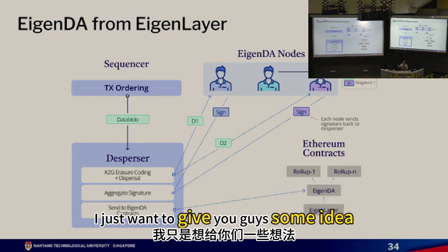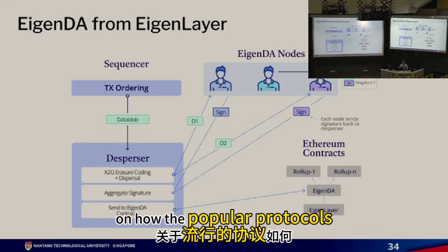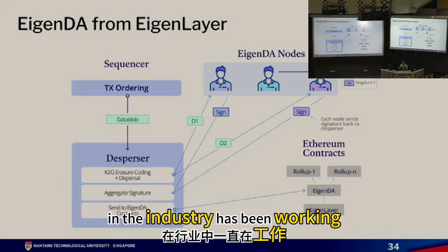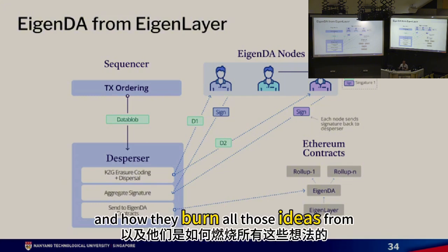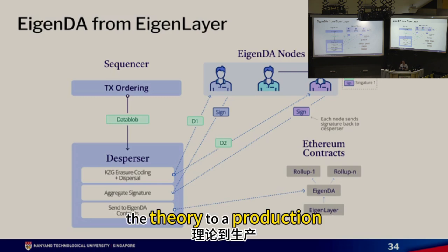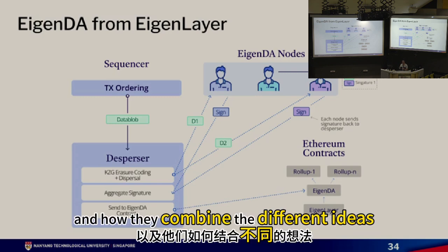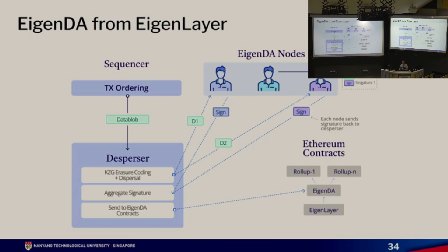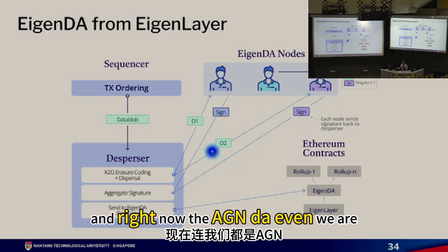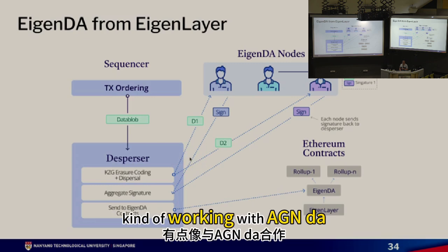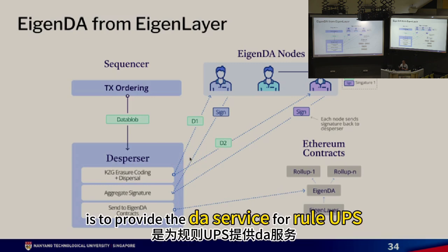I just want to give you some idea on how the popular protocols in the industry work, how they bring ideas from theory to production, and how they combine different ideas into a new protocol. And right now, even we are kind of working with Eigen DA, which provides the DA service for rollups.